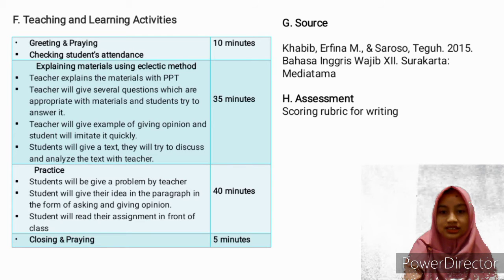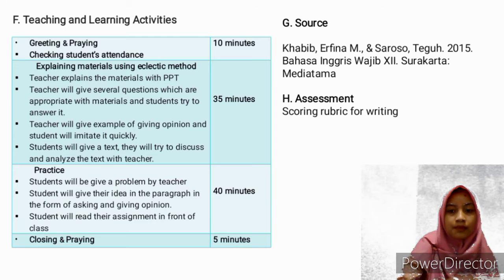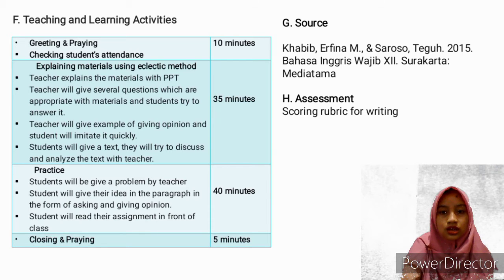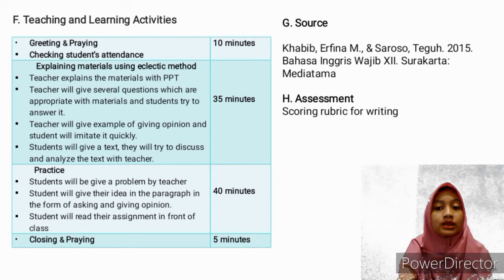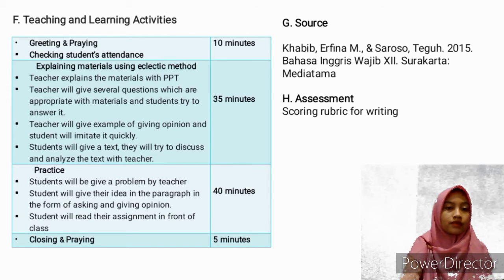And the practice is that the student will be given a problem by the teacher, and then the student will give their ideas in a paragraph, in the form of asking and giving opinions, and then the student will read their assignment in front of the class.